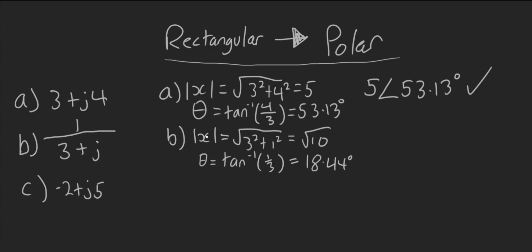So now we have the components of polar form for that rectangular form expression there, but it's in the denominator, so we have to divide 1 by this polar form. So here we have 1 over square root 10, equal to square root 10 over 10. That's our magnitude, and our angle here is just going to be 0 minus 18.44, so that's minus 18.44 degrees for our angle, and that's your solution there for part B.